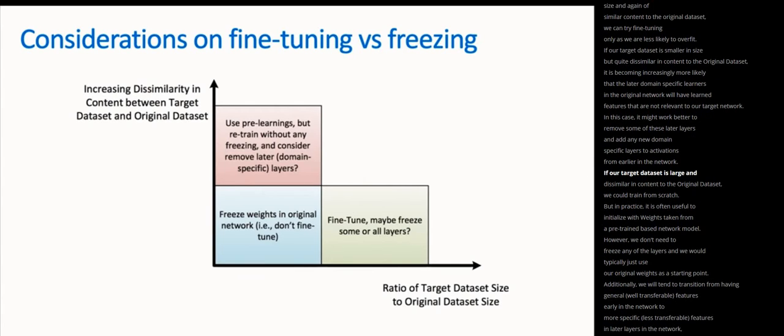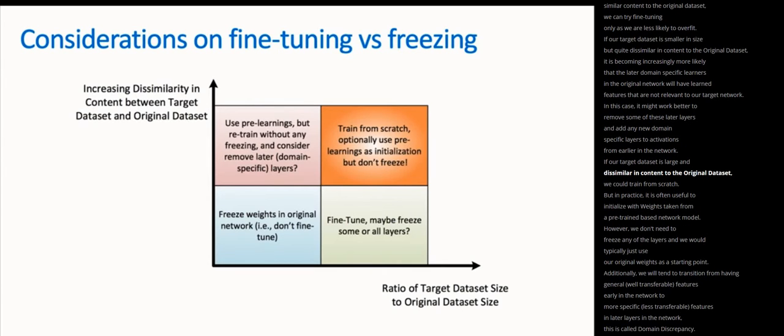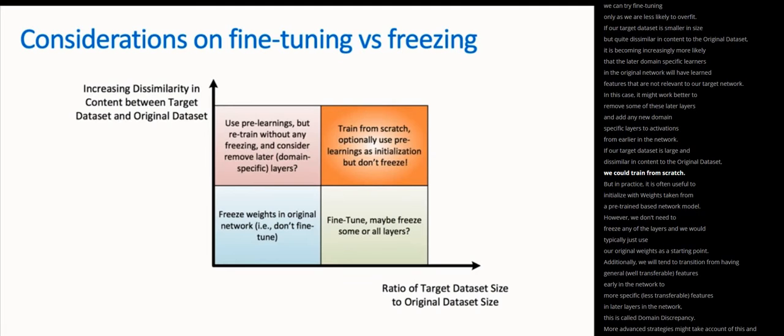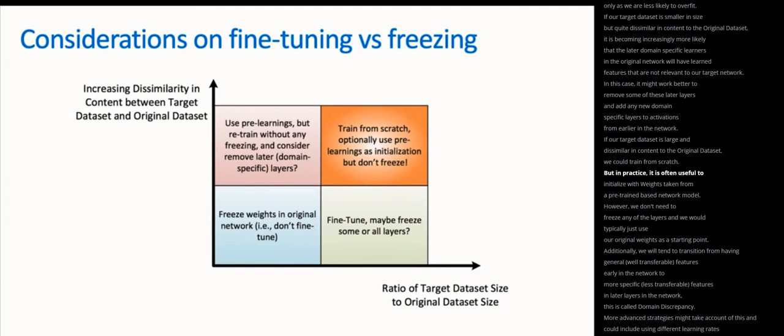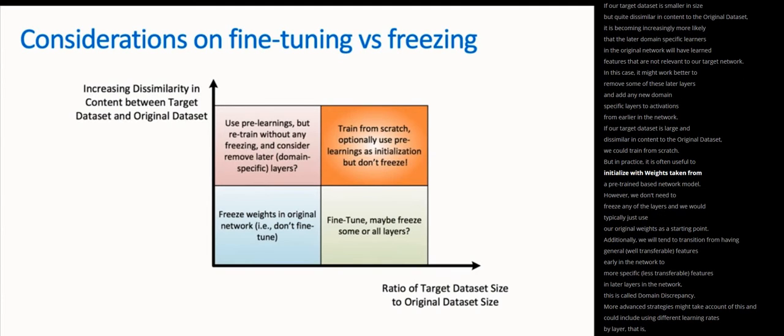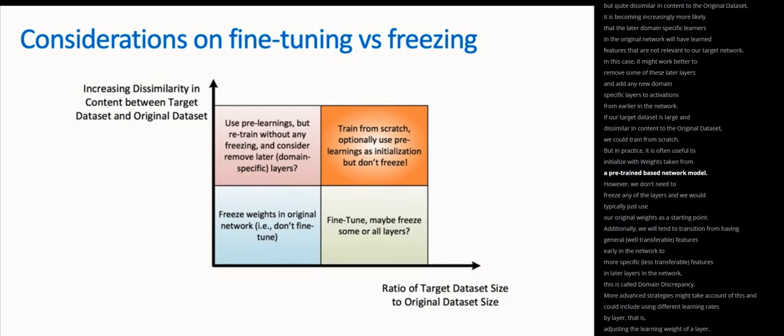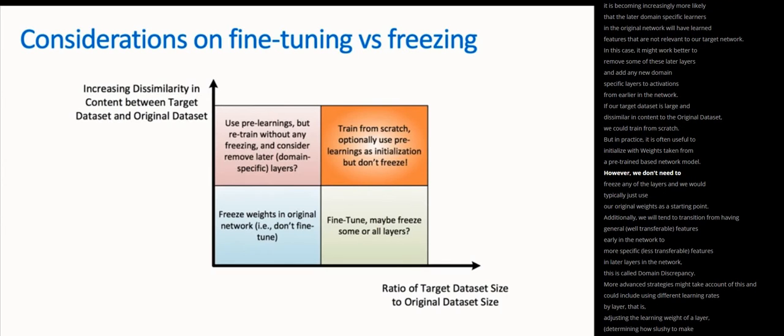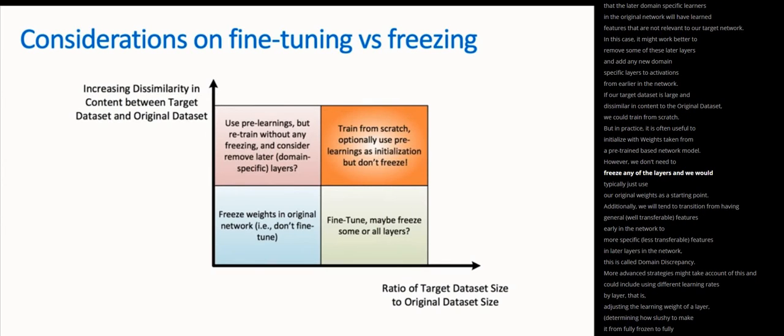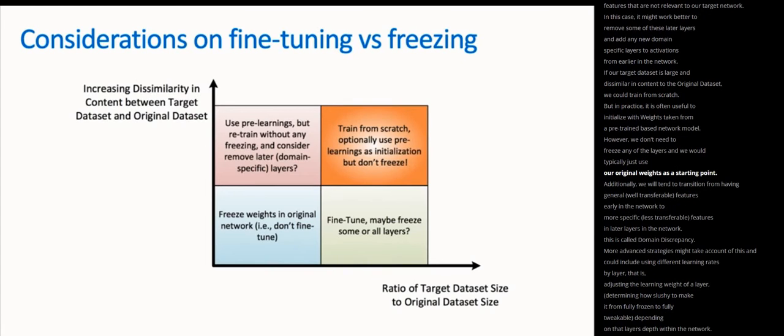If our target dataset is large and dissimilar in content to the original dataset, we could train from scratch. But in practice, it is often useful to initialize with weights taken from a pre-trained base network model. However, we don't need to freeze any of the layers, and we would typically just use our original weights as a starting point.